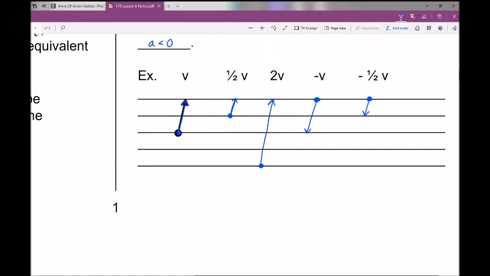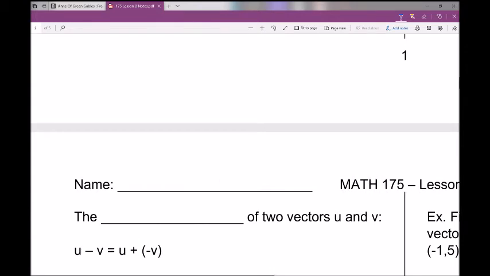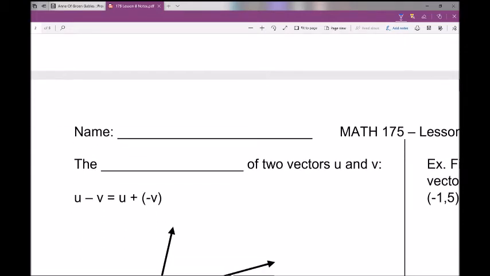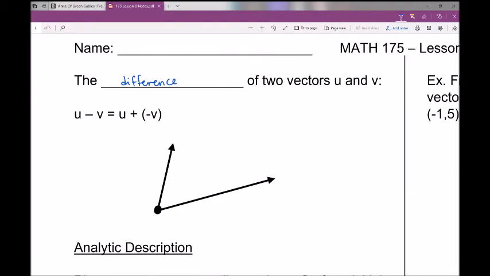All right, so you might be wondering at this point, well, if we added two vectors u and v, can we also subtract two vectors u and v? And the answer is yes. So the difference of two vectors, u and v, looks like the following. So we can think about this as adding a negative.